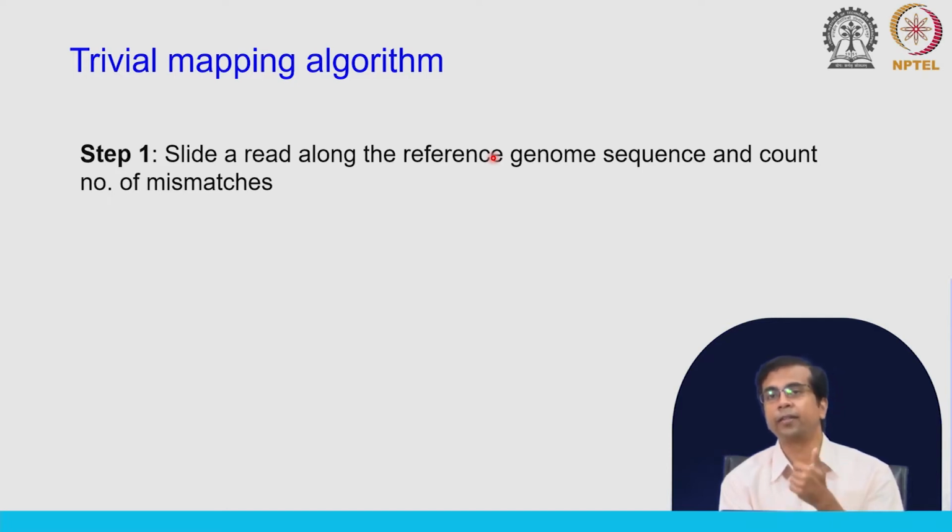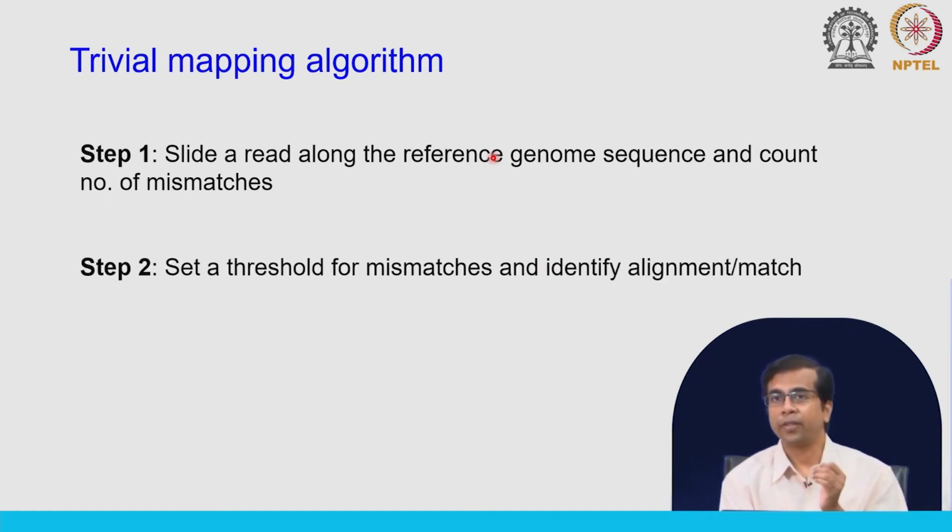Once we slide, we count the number of mismatches compared to the reference sequence, and if the number of mismatches is below a threshold, we can say this is an alignment, this is where the read maps. So, this accounts for the sequencing errors or mutations that might be present in the data, and there might not be any perfect match.